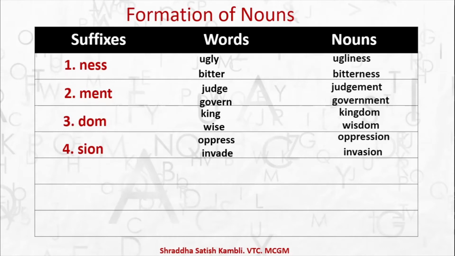Now coming to the next one, CY. So infant becomes infancy and frequent becomes frequency. So see, here the T also has been dropped and the CY has been taken. The suffix CY has been taken. Then we go on to the next example where we say ANCE, the suffix ANCE.